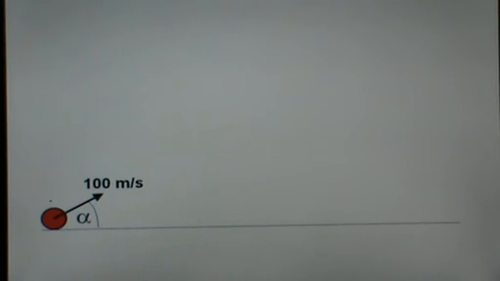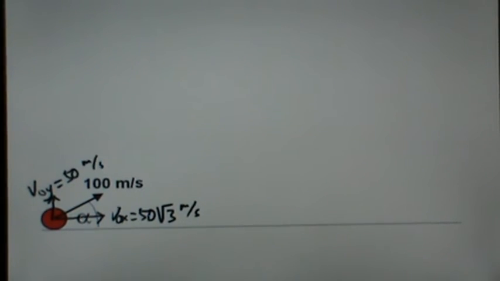So we have an initial condition that the initial velocity here has the first component in the horizontal direction, v0x, and that's 50 square root of 3 meters per second, and also the initial velocity in the vertical direction, v0y, and that's 50 meters per second.